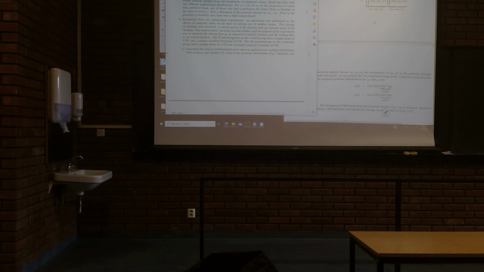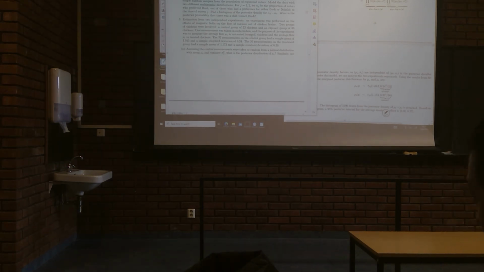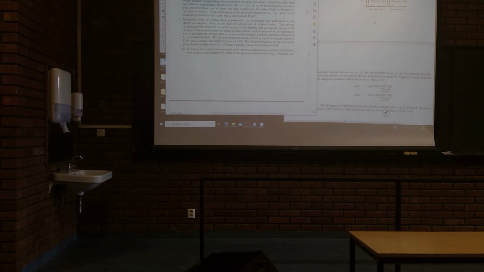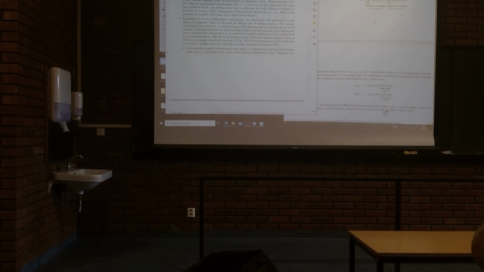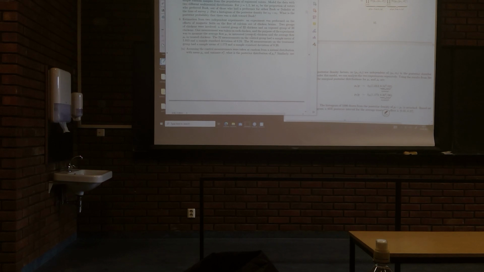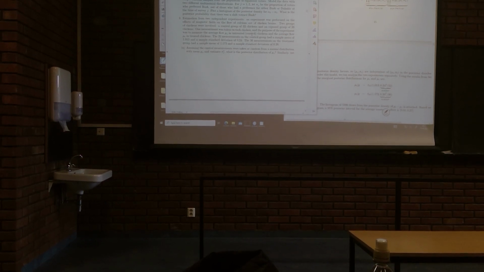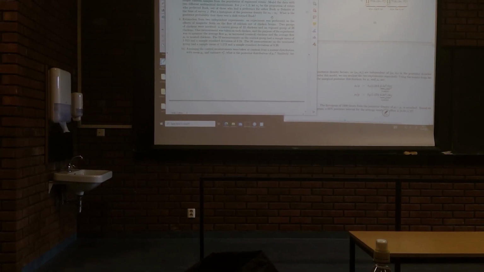So that means that when we in the exercise are only provided with these summary statistics, we still can perform a full Bayesian or likelihood-based analysis, because all the information that we need is given through these two measures. So that's the first thing to notice.